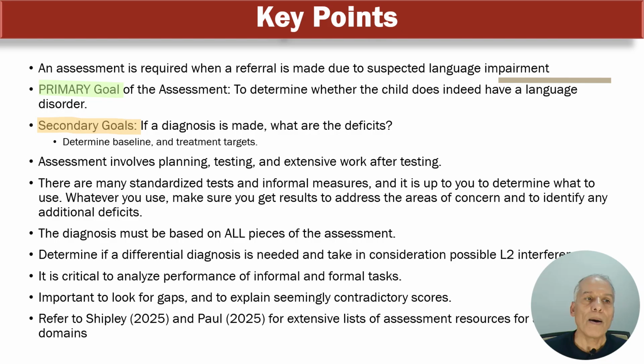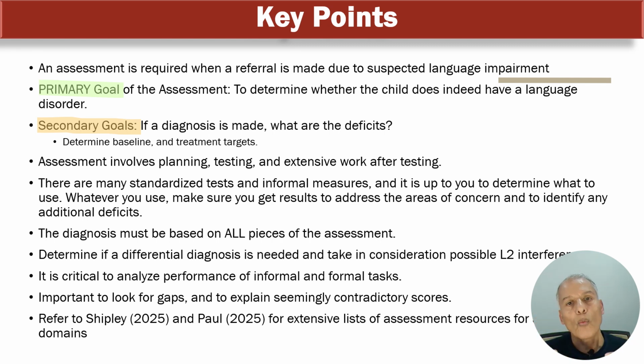So again, we looked at the primary goal of the assessment, which is to determine if there is a problem, if the person meets the criteria for a diagnosis of language disorder. If so, then we have other secondary goals. What are these deficits? 1, 2, 3, make them very clear.